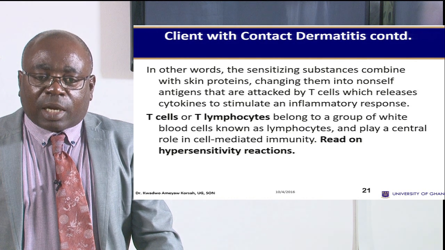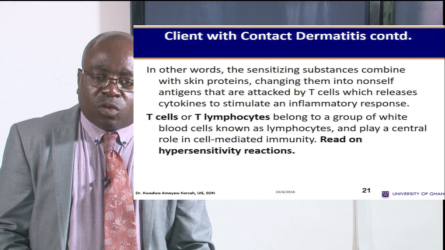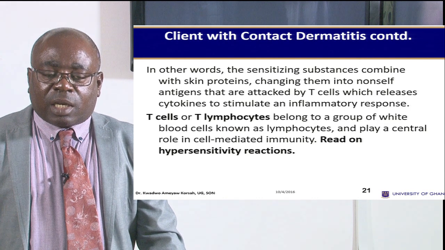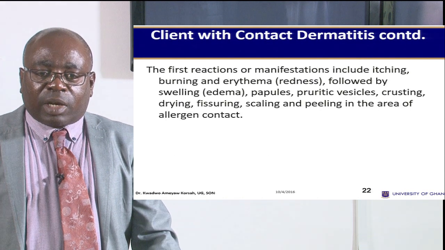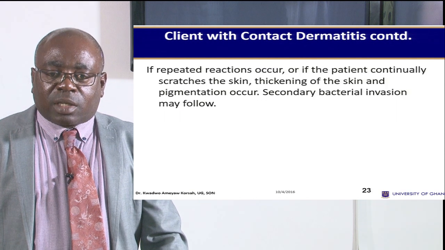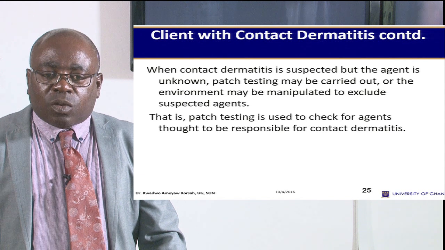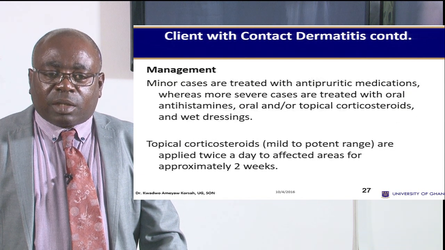As part of the assessment, we need to do proper assessment with inspection and palpation in order to identify the types and address them accordingly. So assessment is very important in this.